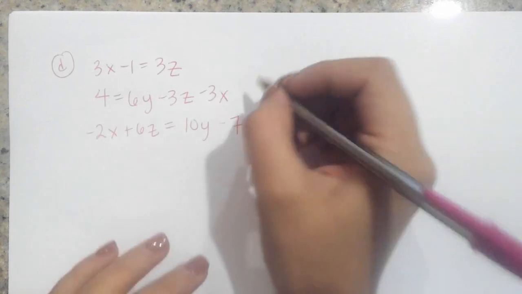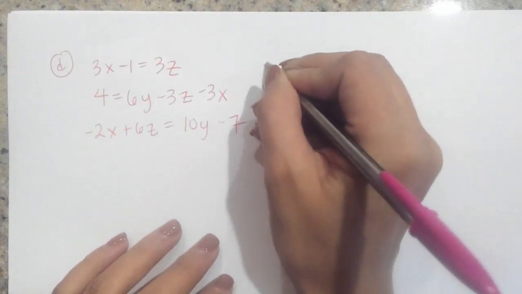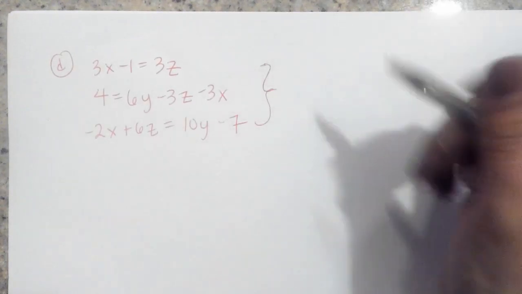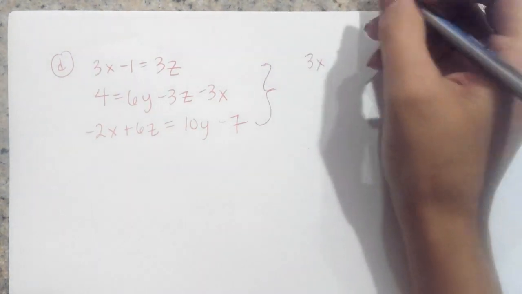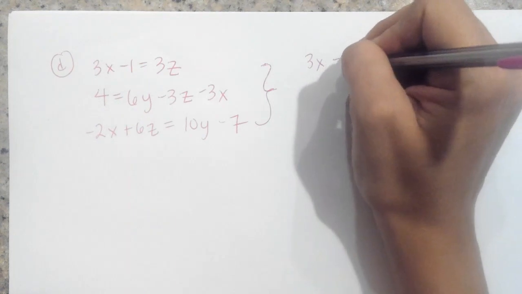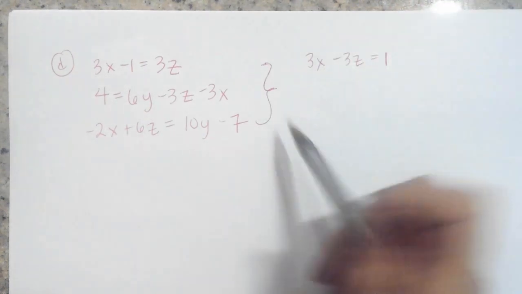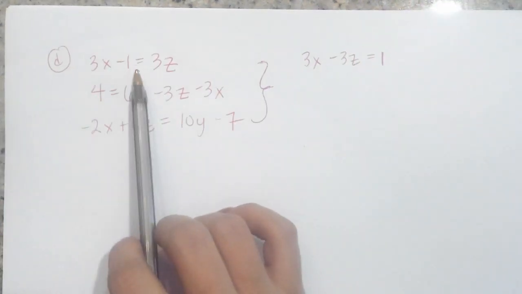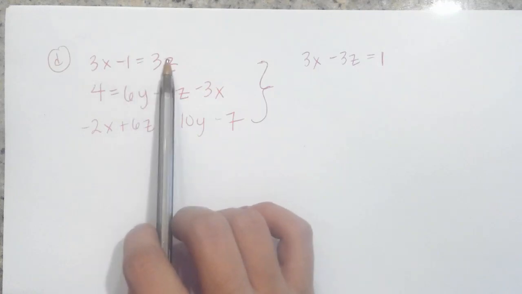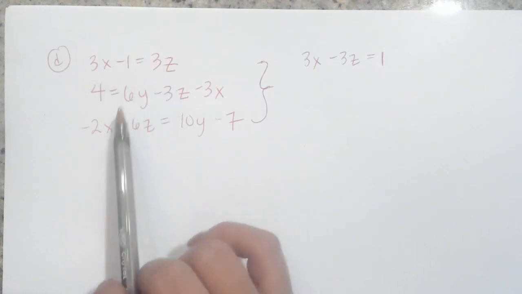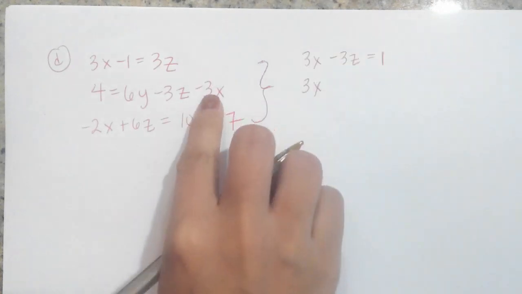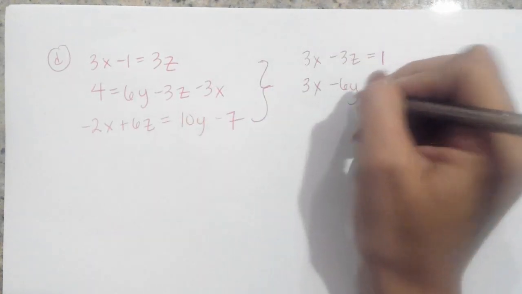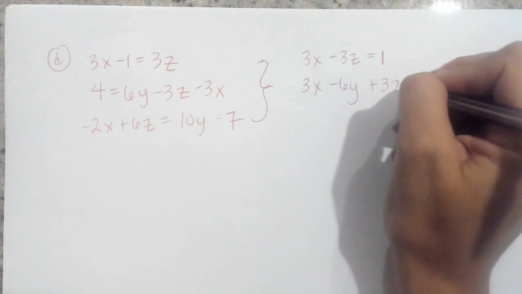So I'm going to rewrite this because it's kind of a mess. I'm going to rewrite it so everything lines up and I can see it better. So I have 3x minus 3z equals positive 1. Basically lining up my x's, my y's, and my z's, and then my numbers on the right side of the equal sign. And then here I'm going to have positive 3x, be careful with the sign, negative 6y plus 3z, right?